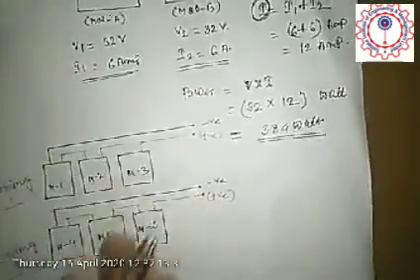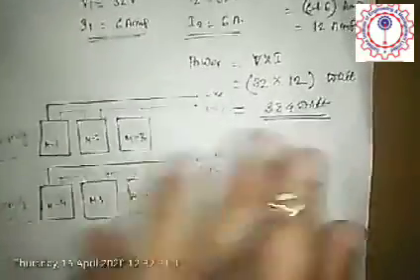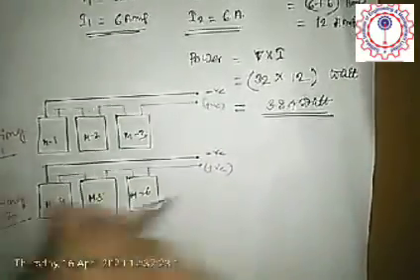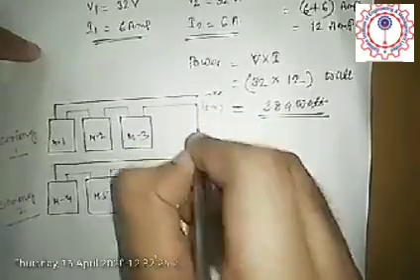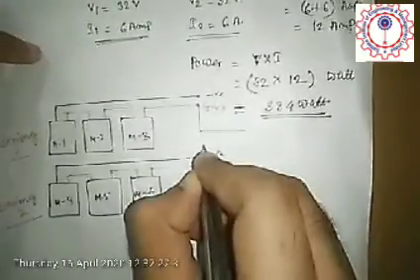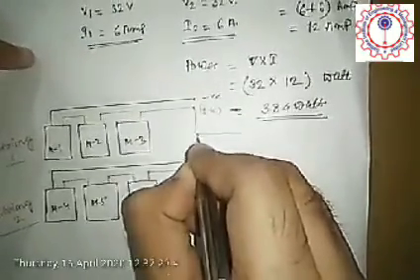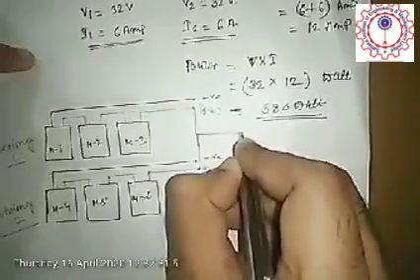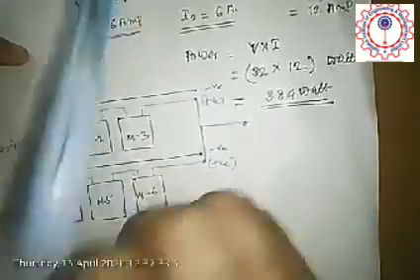And when these two strings are connected in parallel, this connection, what will happen?